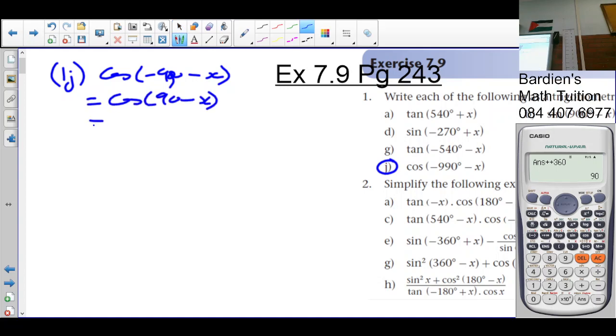Which quadrant is that in? First quadrant. So is cos positive or negative? Positive, but changes to?